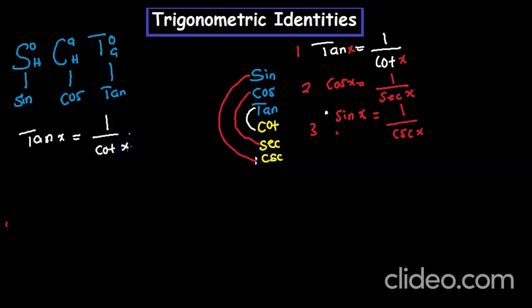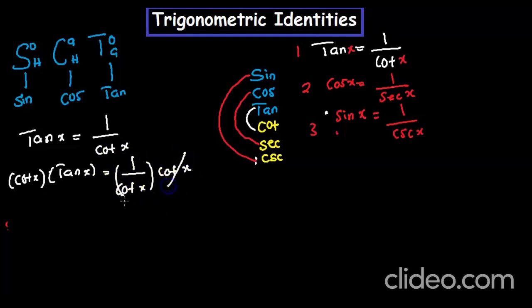If you like, since our denominator is cot x, we can multiply both sides by cot x. This is simply going to be cot x multiplied by tan x equals 1 divided by cot x, multiplied by the same denominator, cot x.